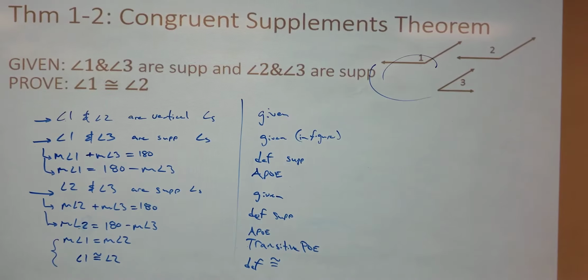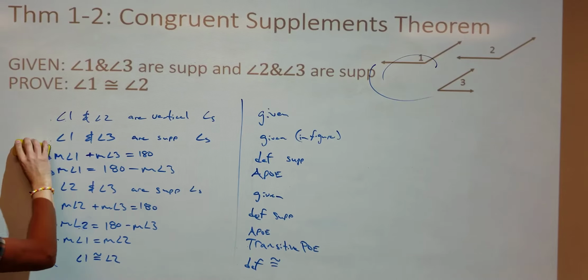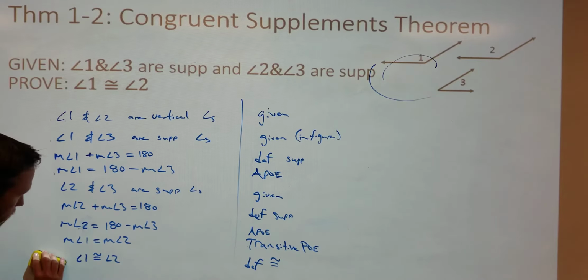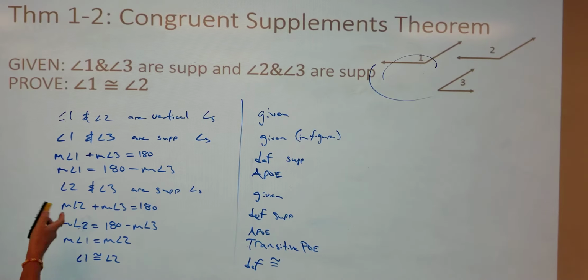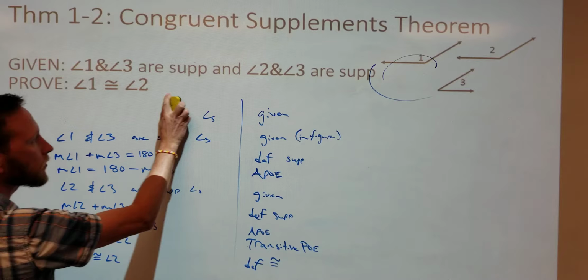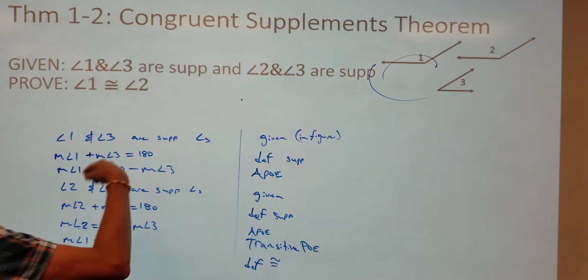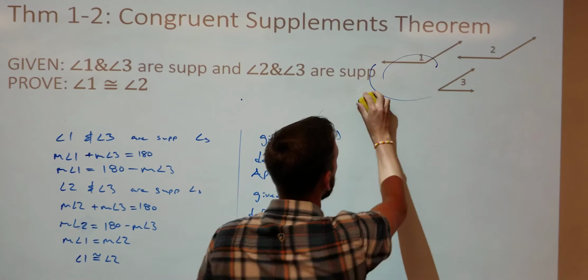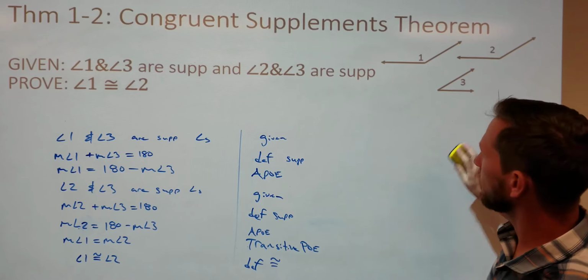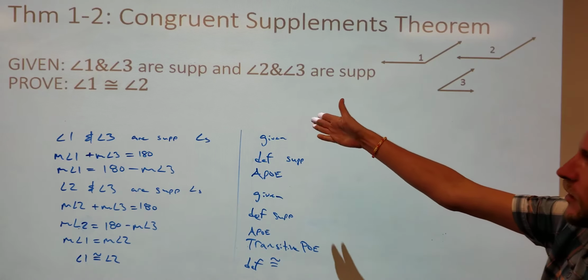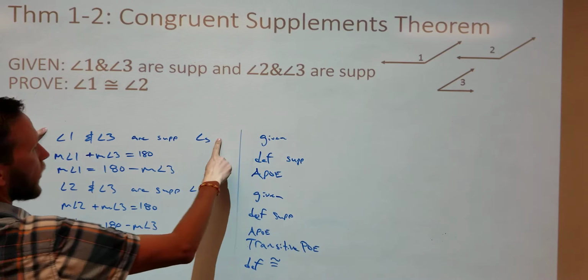Next, we have the congruent supplements theorem. And you know what, folks? This is going to be the same exact proof. Are you ready for this? Instead of having these statements written in this way, instead of having that first step, I don't even need to use the picture here, but we're given that angles 1 and 3 are supplementary angles.